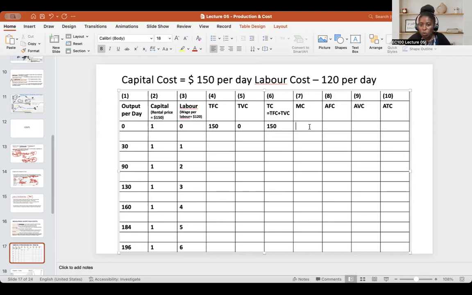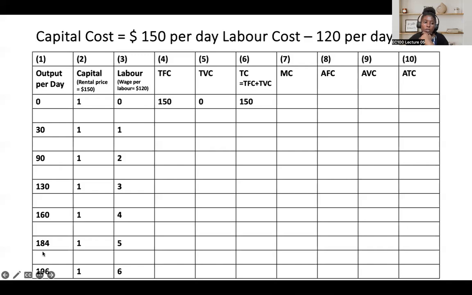What is your marginal cost? Remember, marginal is the addition. We want to know the change, how much cost changes as you change output.